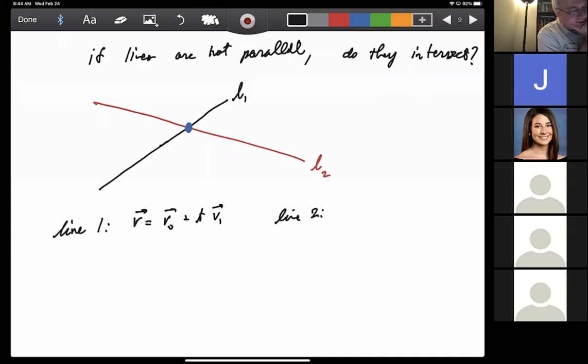Line 2, we have R equals R1 plus T V1. Right, R equals R0 plus TV0, or R equals R1 plus TV1. Now, if there is an intersection point, that means there's a point I could reach from each of the lines.